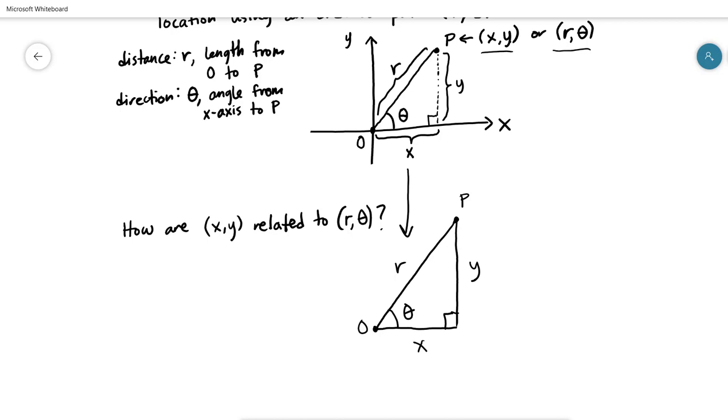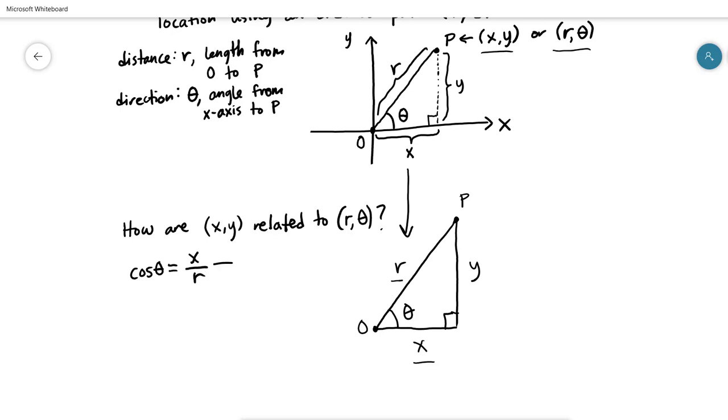So for example, what is the cosine of the angle theta? Looking at this triangle, and remembering our SOHCAHTOA, the cosine is going to be our adjacent over our hypotenuse. So in this case it is x over r.